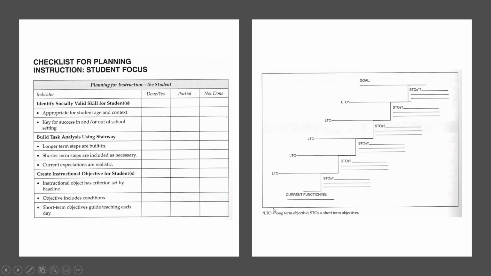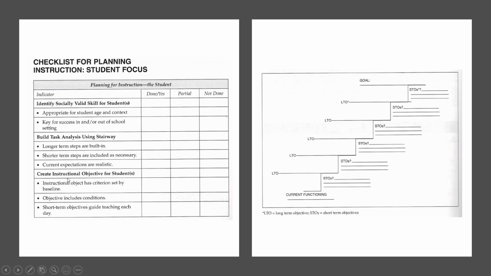If you look over here, this is really similar to our example with little Johnny. Basically you have this end goal. You break it down into long-term steps, which we call long-term objectives. And if the child has any trouble with a long-term objective, you break those down into short-term objectives. So that's what that looks like.